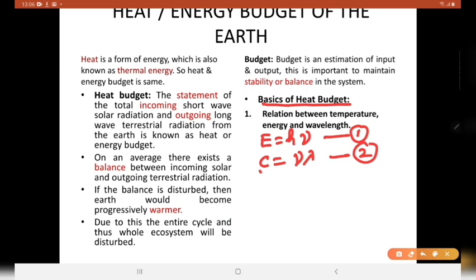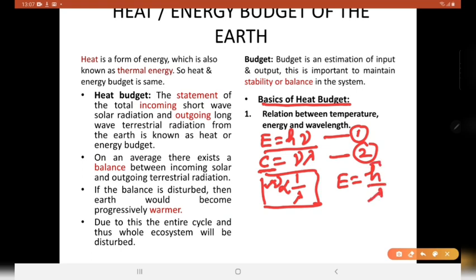Since c is constant, we can say that ν and λ are inversely proportional. So, putting the value of frequency in equation 1, we get E = hc/λ. Here h and c are constant, so we can say that energy is inversely proportional to λ, the wavelength.